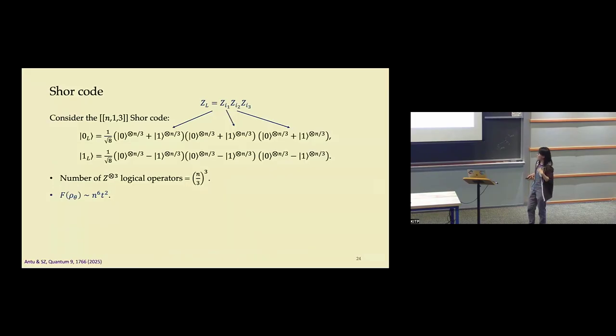If you pick any Z operator in the first block, any Z operator in the second block, and any Z operator in the third block, and combine them together, it's going to be a logical Z operator in the code. So basically, it means that you can have n cubed logical operators in your code. And this is actually the best scaling we can get. In this situation, the Fisher information is going to scale as n to the power of 6. That means we not only achieve the Heisenberg limit, which is the best thing here, but also the optimal scaling with respect to the number of qubits.